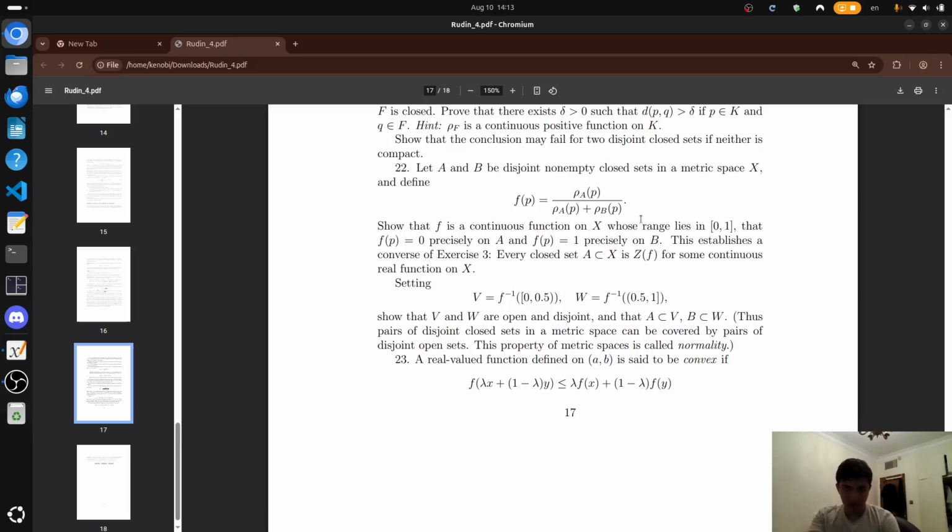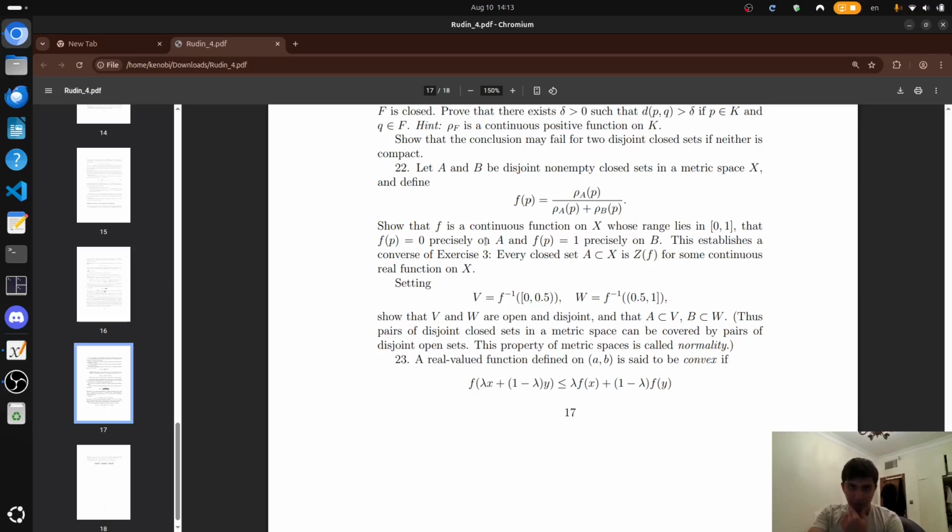Okay, the range lies in 0 to 1. Why? Because this is always less than or equal to this, so you're going to get a positive fraction less than 1, and we know it's greater than 0, so it lies between 0 and 1.